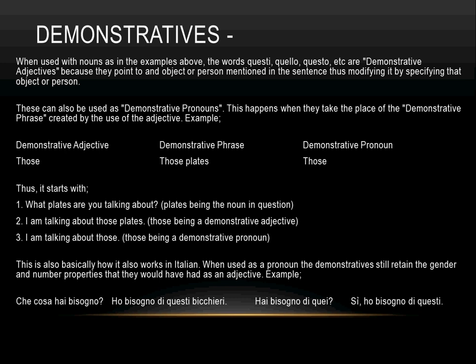Now you'll notice in the last two phrases, hai bisogno di quei, the word for those, is the word that you would use for plural masculine nouns. And for the final phrase, sì, ho bisogno di questi, the word for these is the one for the plural masculine. That all has to do because they all point to bicchieri, which is a plural masculine noun.